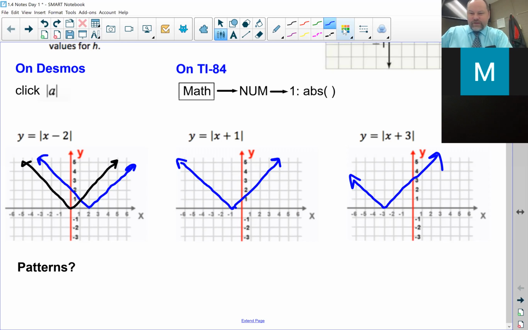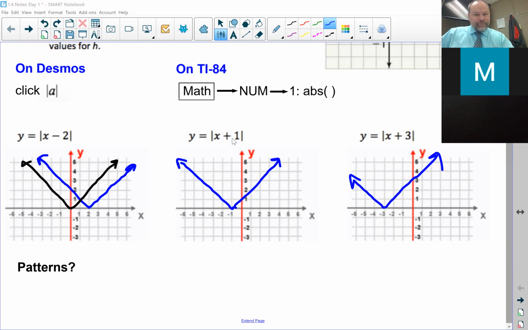What happened to the graph? Yeah, it moves to the left. And what happens when I add 1 inside the absolute value function?